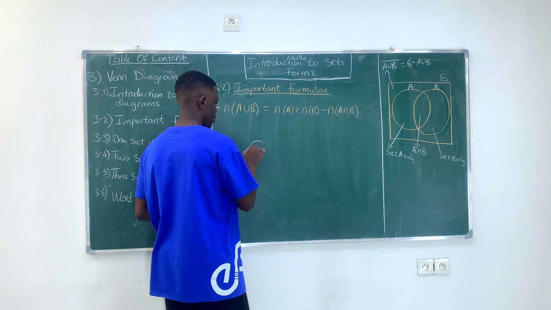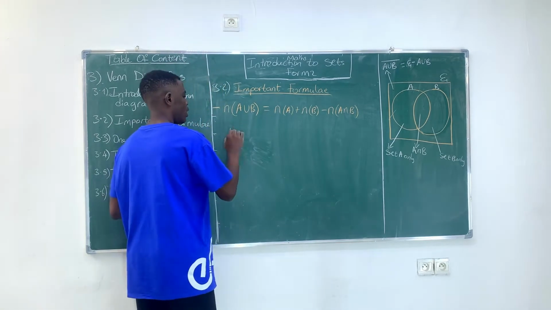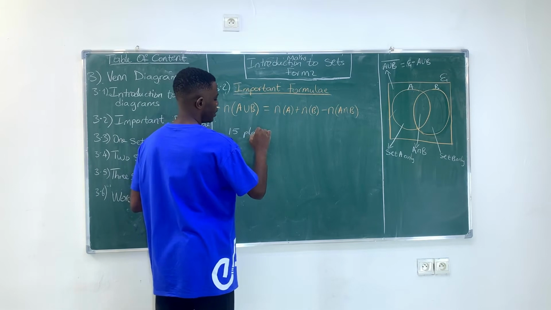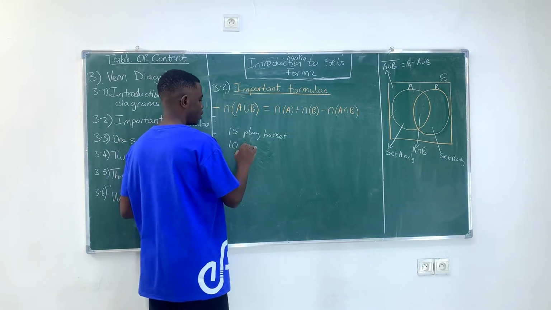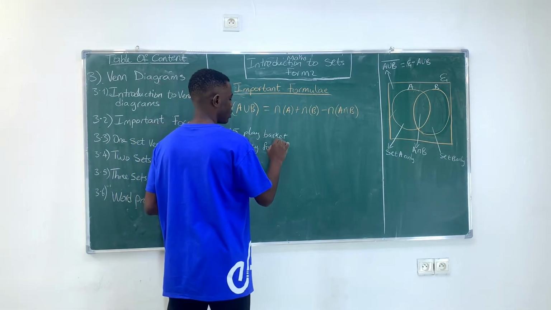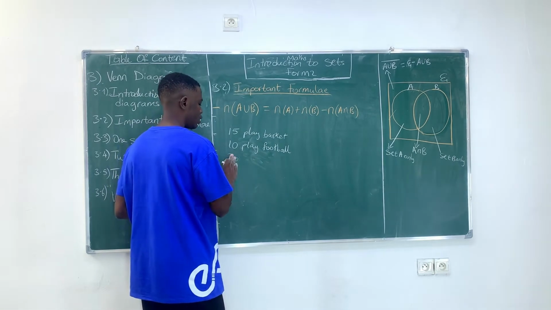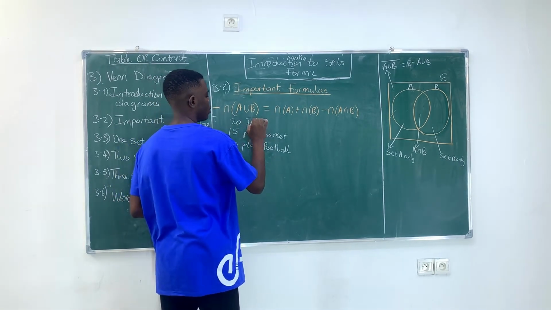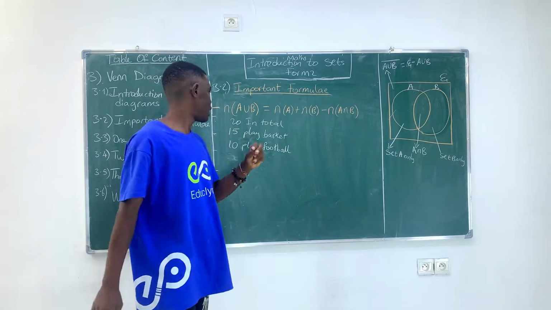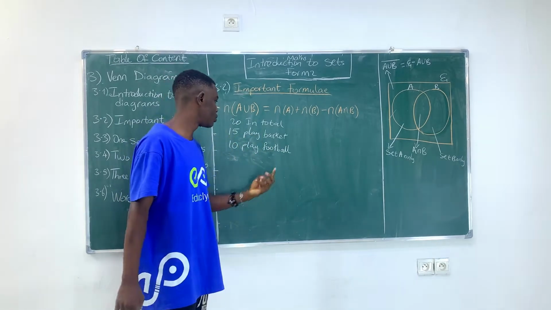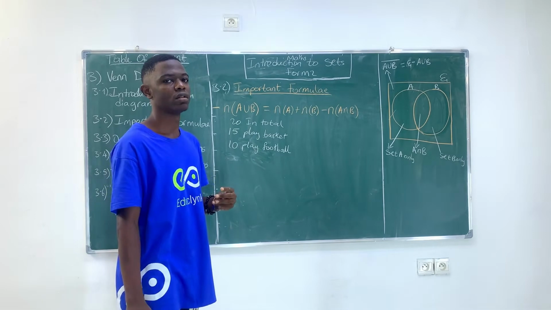They tell you that 15 people play basketball and 10 people play football, and there are 20 people in total. So all is A and B.